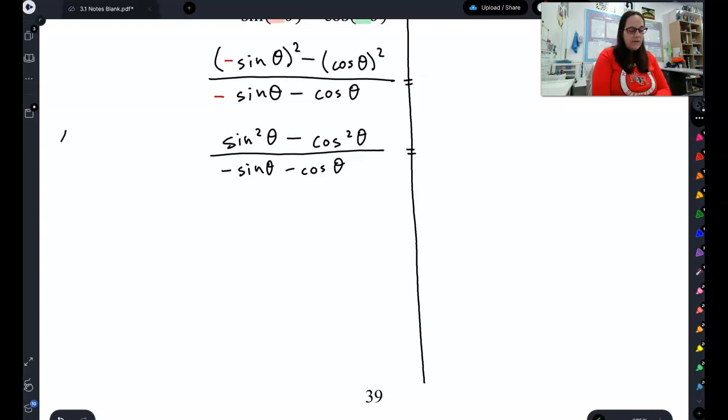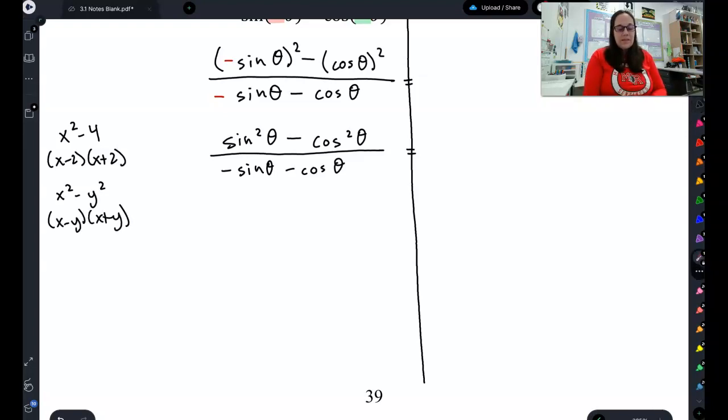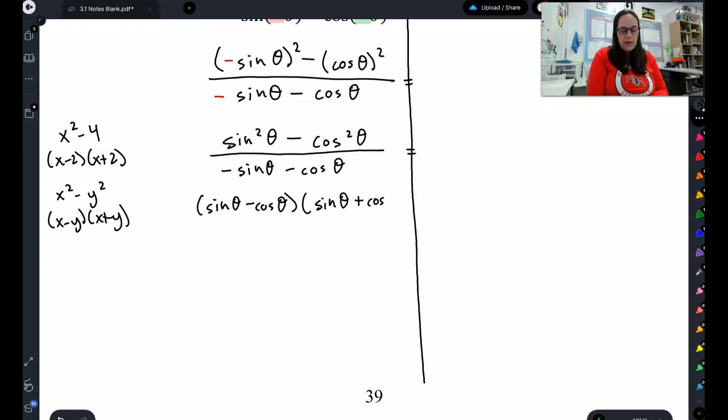It's the same thing if I gave you x squared minus 4 and you factored that as x minus 2 or x plus 2. Or if I gave you x squared minus y squared, that would be x minus y, x plus y. Same thing here. Sine squared minus cosine squared is going to be the same thing as sine of theta minus cosine theta and sine of theta plus cosine theta.